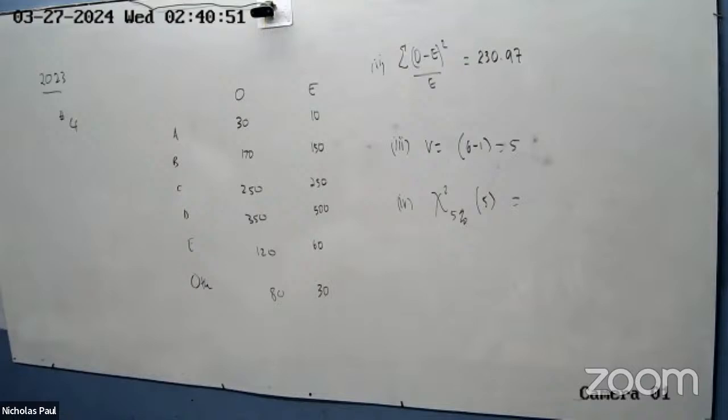Now that is like this proportion. Let's just do one that's a little different. Try 19.